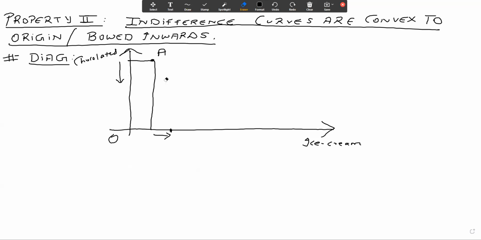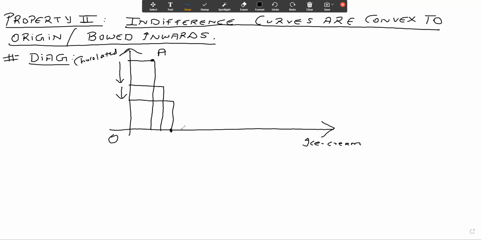But if I further buy ice cream, now I will be willing to give up slightly less. Why? Because when I am losing chocolates, their importance is growing.